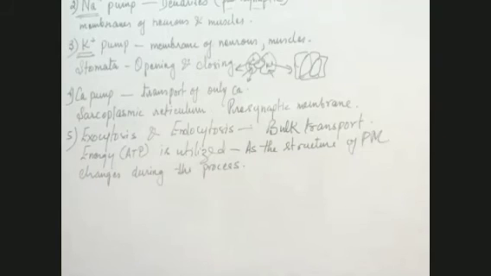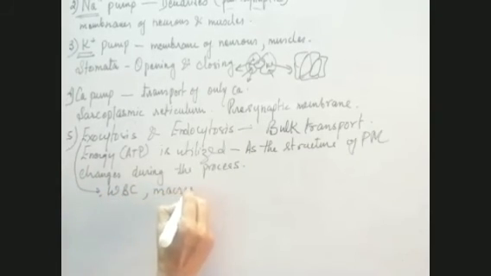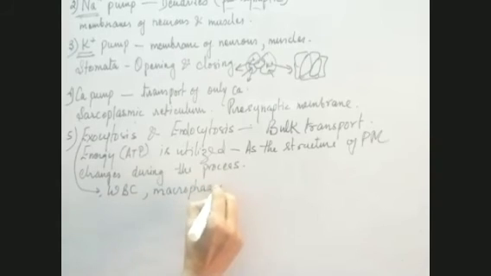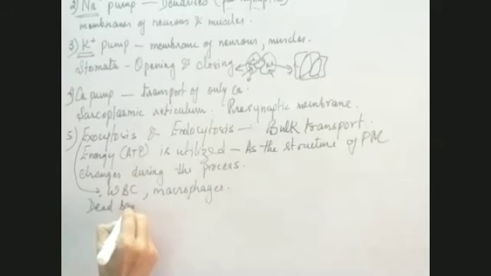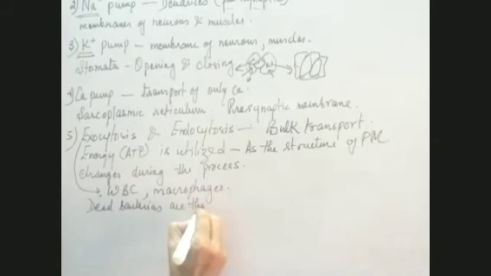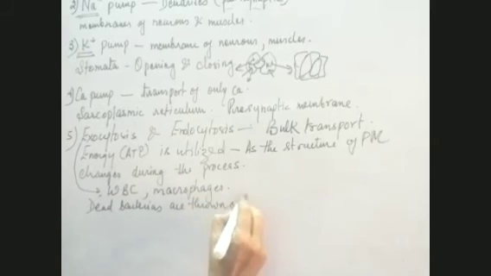Now here, exocytosis, that means something which is given out. Exocytosis is seen in WBCs, macrophages. When a cell throws out the dead bacteria or the debris, so dead cells, dead bacteria or dead microorganisms are thrown out, that is exocytosis.